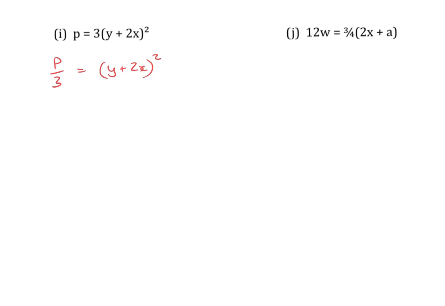Now you might be tempted to say let's square root. And we can do, so let's try that. Square root of p over 3 will be equal to y plus 2x. Then what you might want to do is say, well, let's subtract y. So it's the root of p over 3, and the whole thing we subtract y.